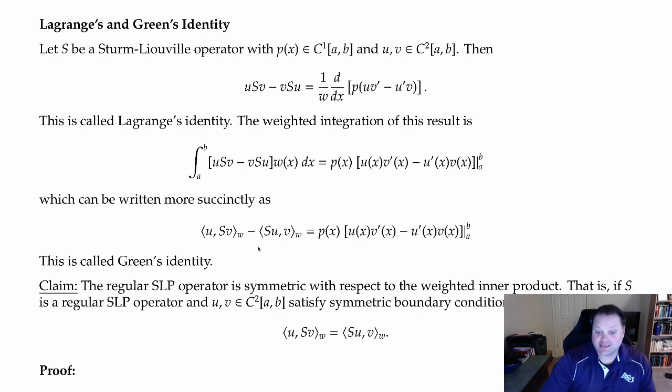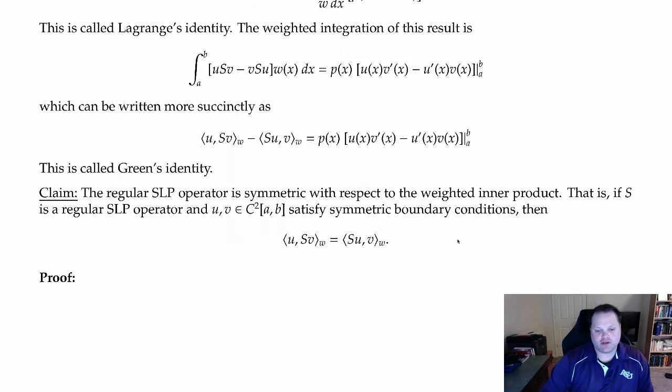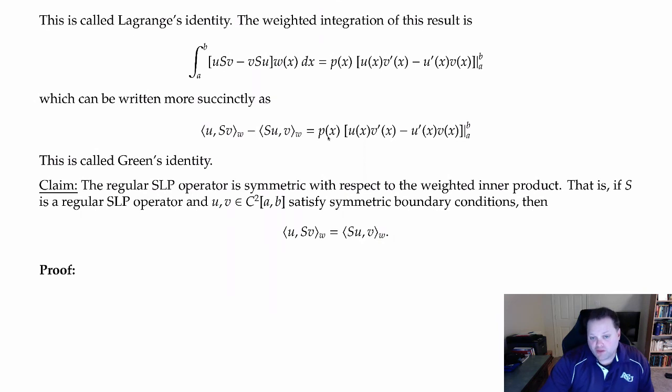This is something called Green's identity, which states that the symmetric difference of this inner product is equal to this value over here. And what we're trying to prove is if you have a regular SLP that satisfies symmetric boundary conditions, this term right here vanishes. So here's what we're going to do.